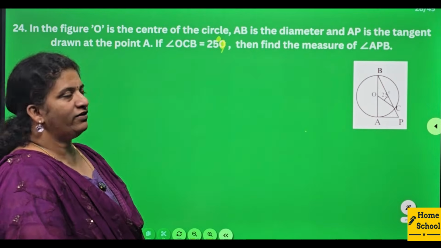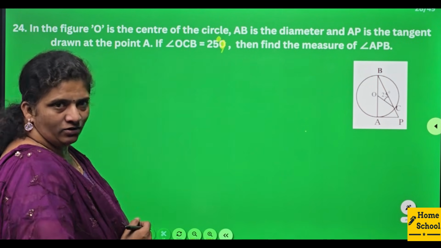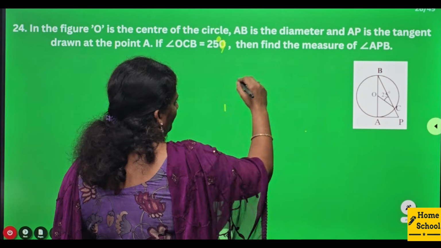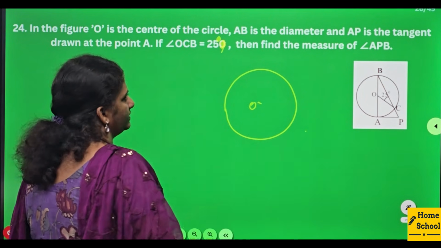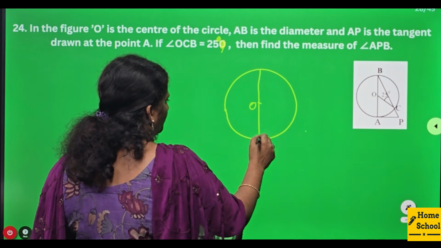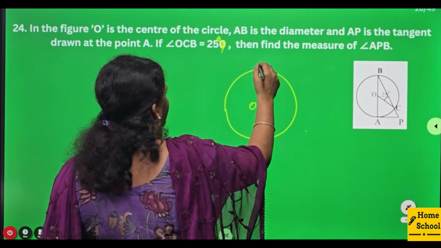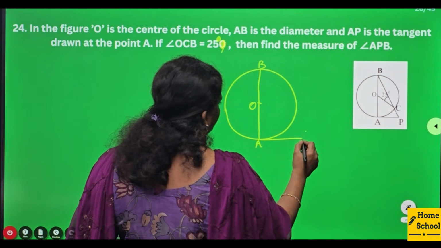Yes. 24. In the figure, O is the center of the circle. You can see the figure over there, or let me draw again. O is the center of the circle. AB is the diameter and AP is a tangent.